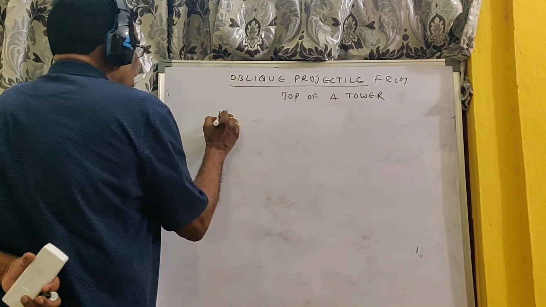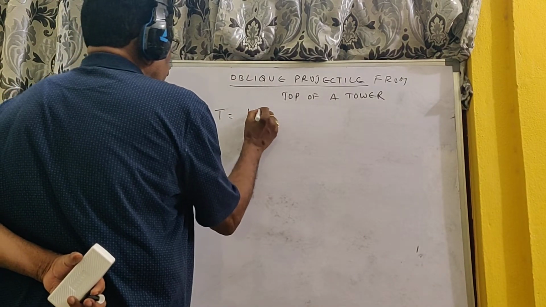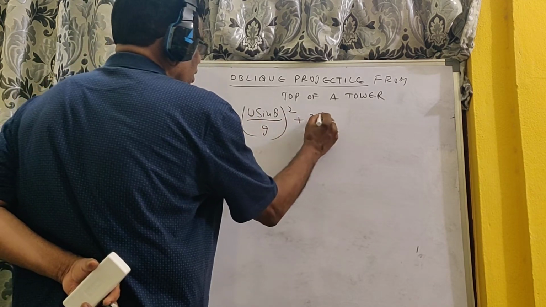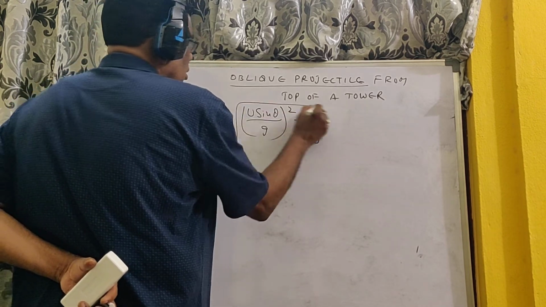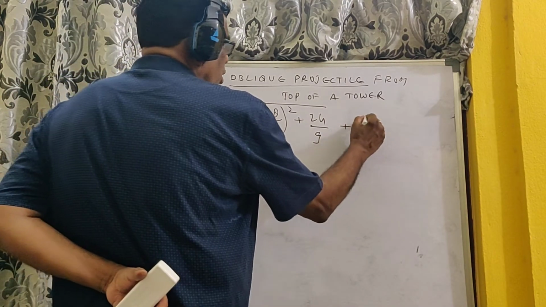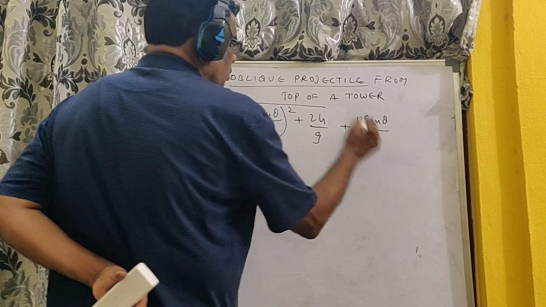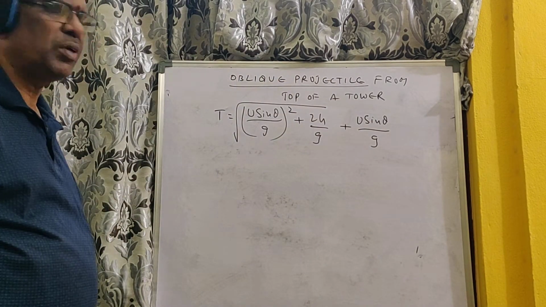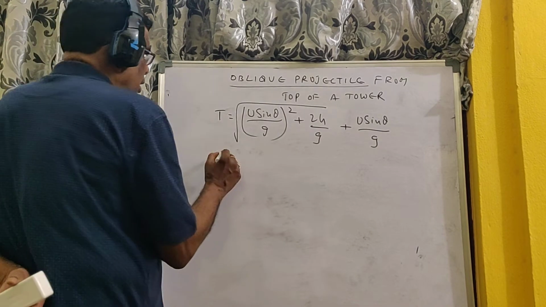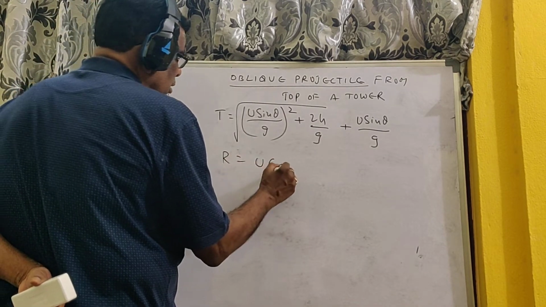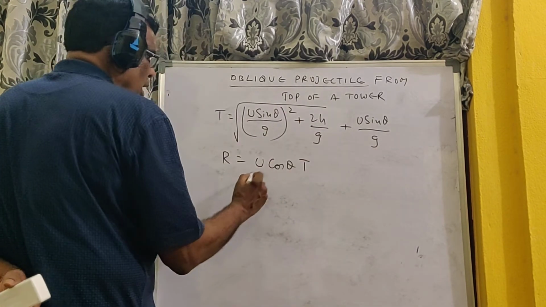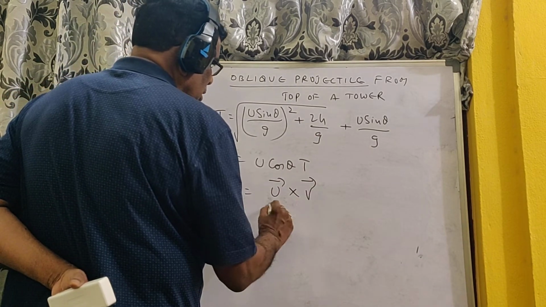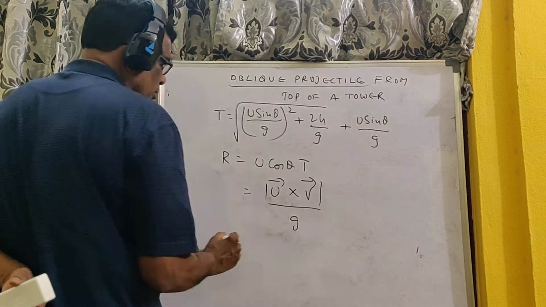I'll put it again for your information. First is your time of flight. Time of flight, I write it again for you. We use the same formulation with which we have got virtually every possible time of flight formula. And then the range, of course, is u cos theta t or u bar cross v bar by g.